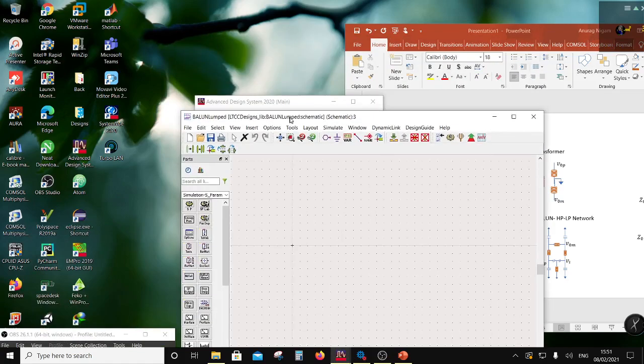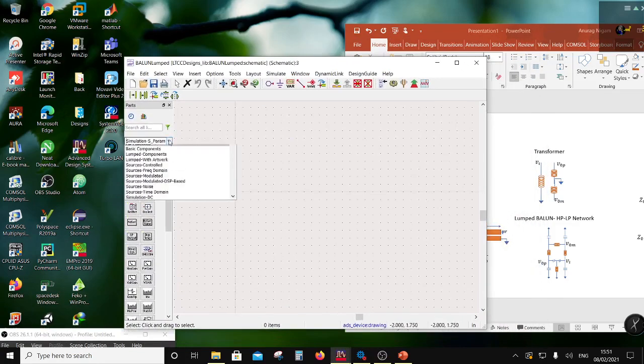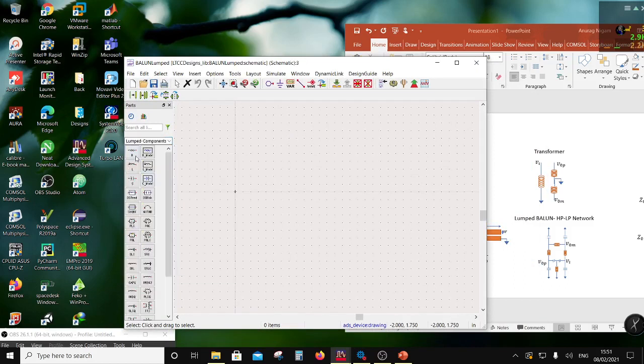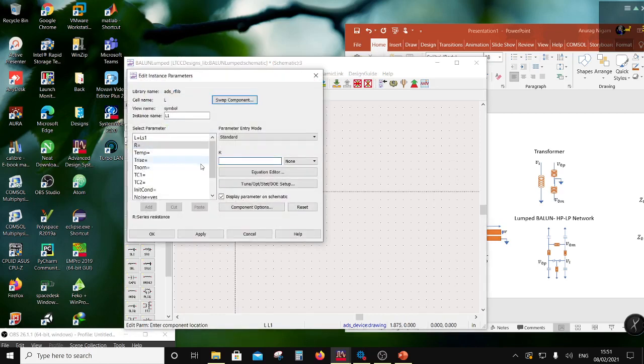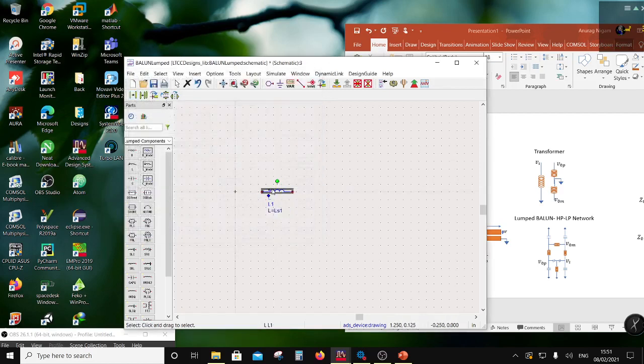Create schematic. Now all I need is lumped components here. So I need an inductor whose value is, let's say, LS1, and I would say that it is ideal, so the resistance is not there.